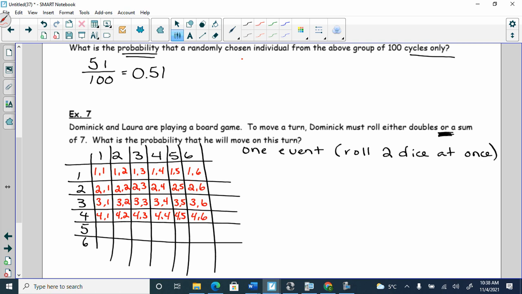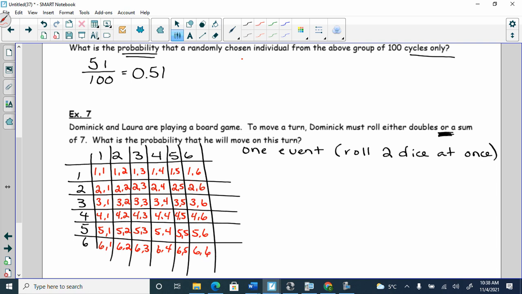How many outcomes are there going to be? 36. 5,1; 5,2; 5,3; 5,4; 5,5; 5,6; 6,1; 6,2; 6,3; 6,4; 6,5; 6,6.